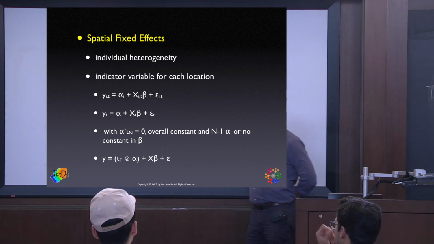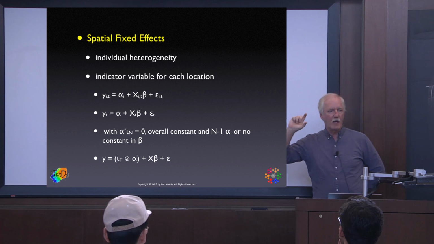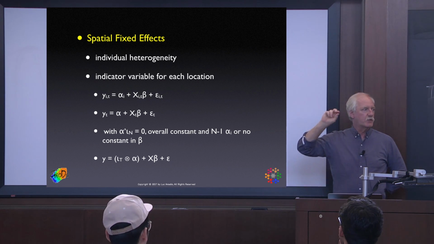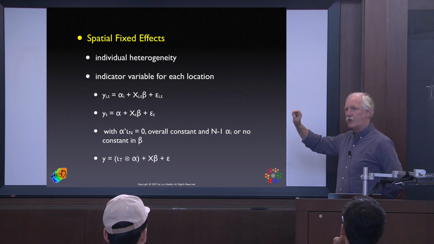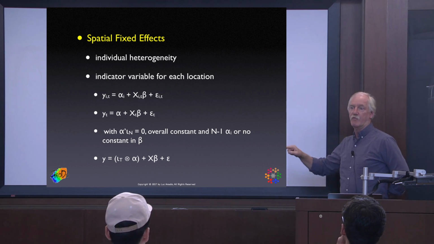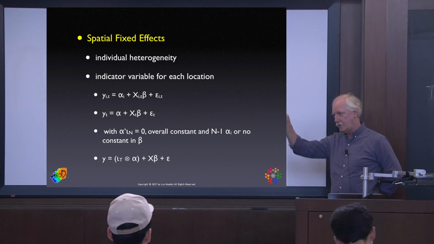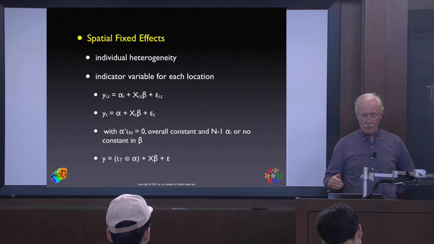So this is the Kronecker. IT is a vector of ones of the length of the number of time periods. So because of the Kronecker setup, each of these ones is multiplied with an n by 1 vector of the individual effects. So we're stacking these individual effects on top of each other. They're constant. They're the same over time.